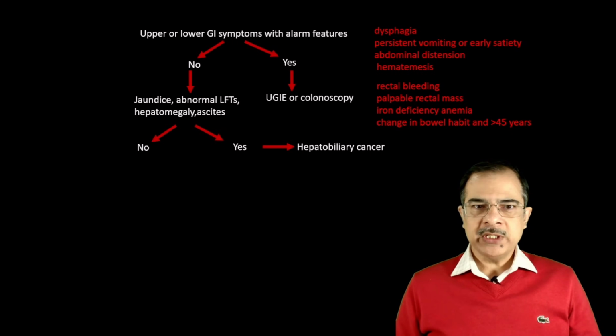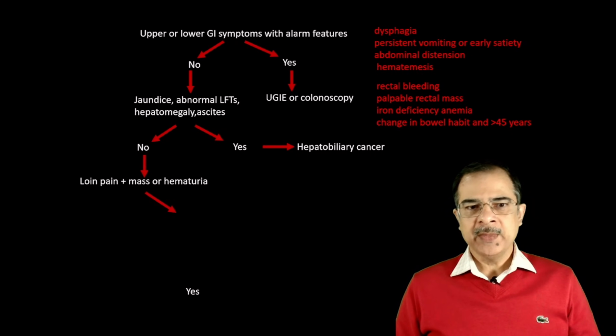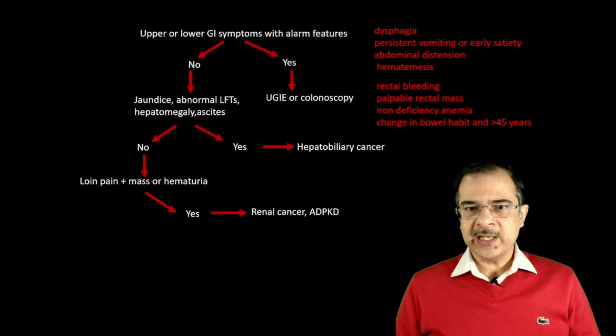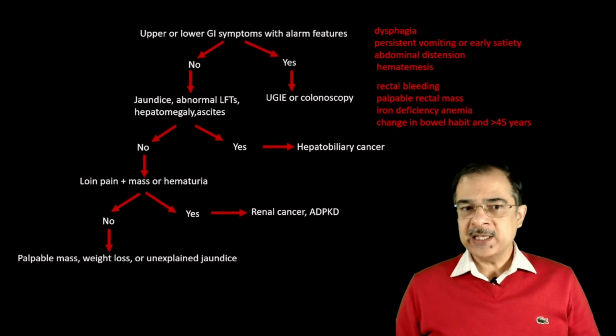If jaundice, abnormal LFTs, hepatomegaly, and ascites are not present, then we will look for pain, mass, or hematuria. If these features are present, then we are dealing with a case of renal cancer or autosomal dominant polycystic kidney disease. If these features are not present, then we look for palpable mass, weight loss, or unexplained jaundice.